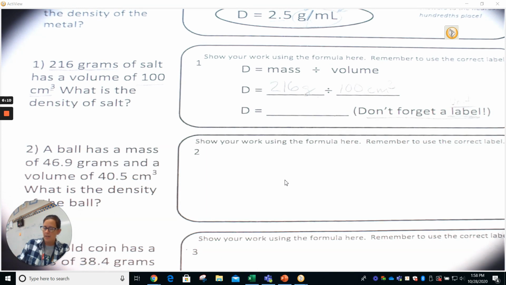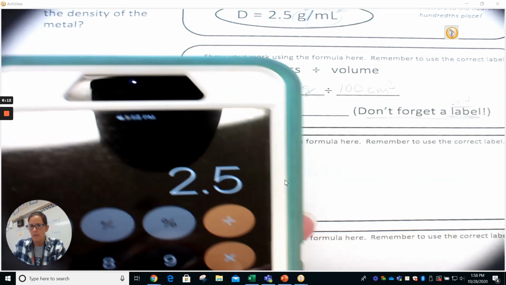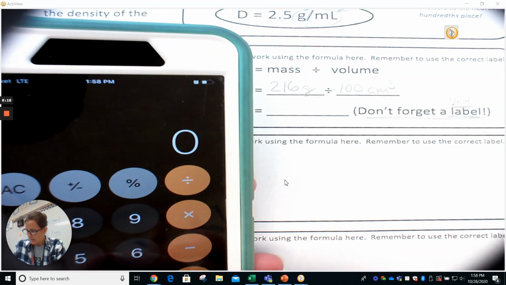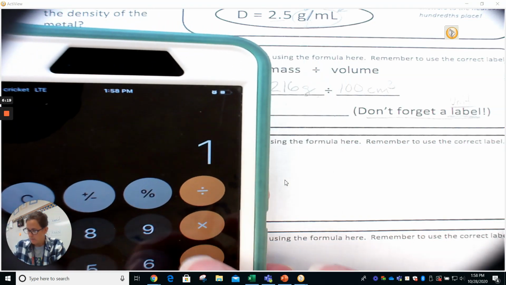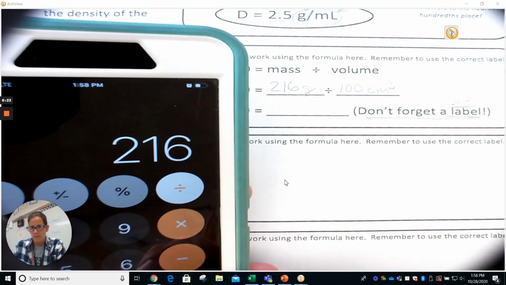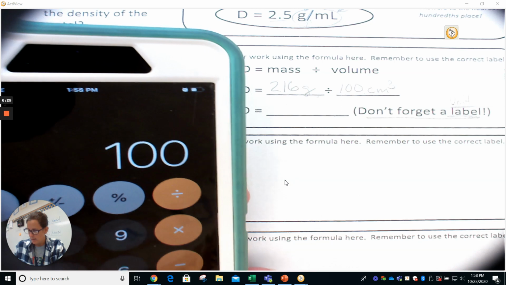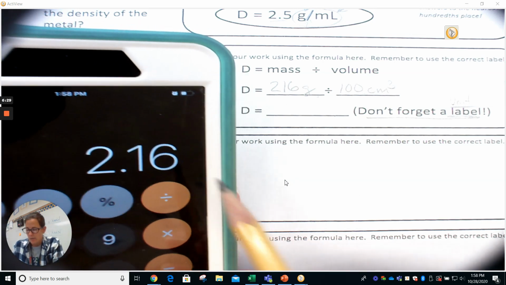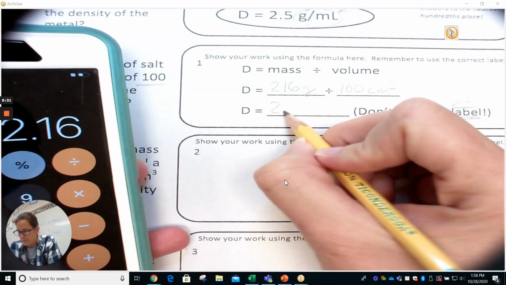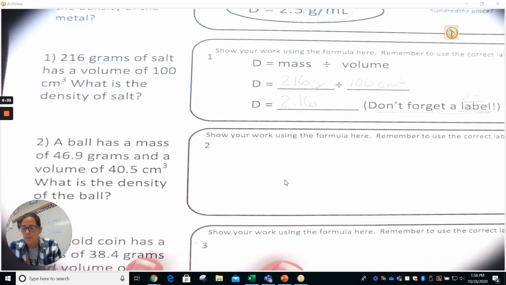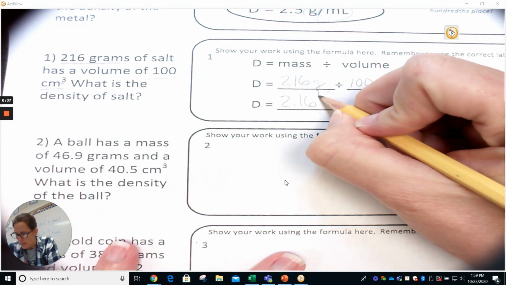So if we plug this into our calculator, let me get this up here where y'all can see it. I'm going to clear that off, and we need 216 divided by 100. That's going to equal 2.16. So I'm going to write that down: 2.16, and then remember we're going to grab our units and bring them down.